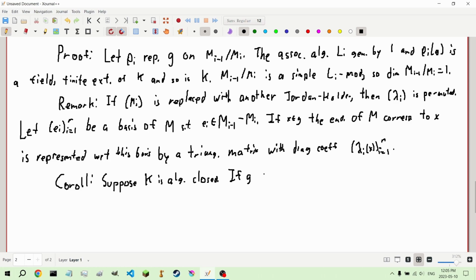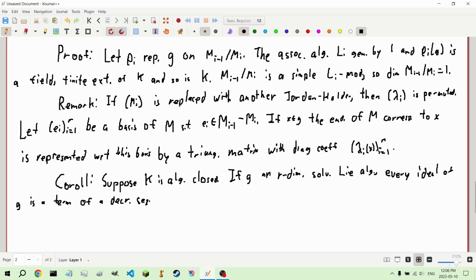If G is an R-dimensional solvable Lie algebra, every ideal of G is a term of a decreasing sequence of ideals of dimension R minus 1 all the way down to 0. And this is our third corollary, and the proof.